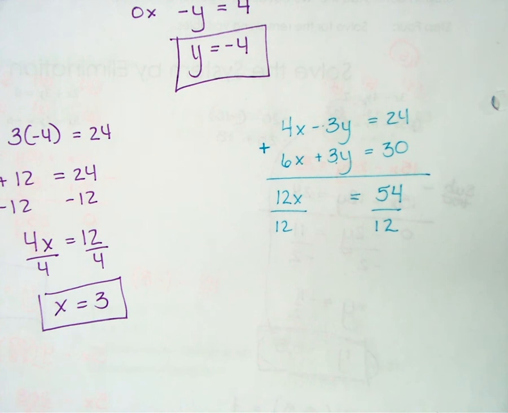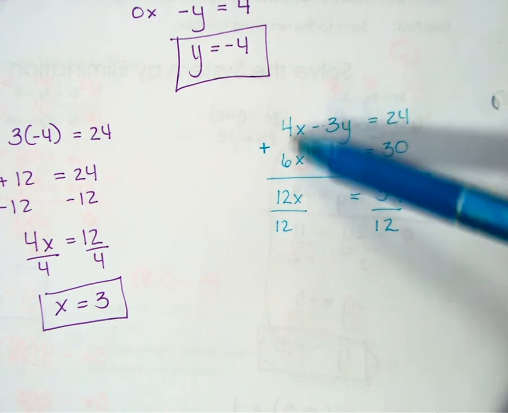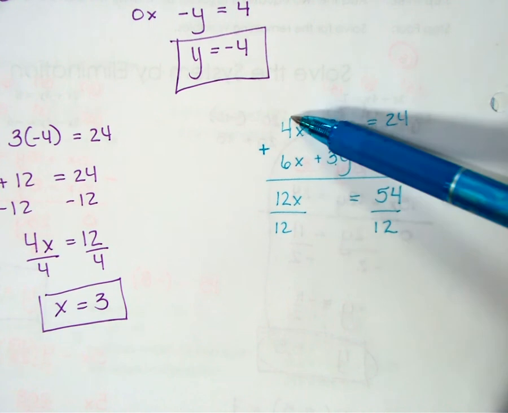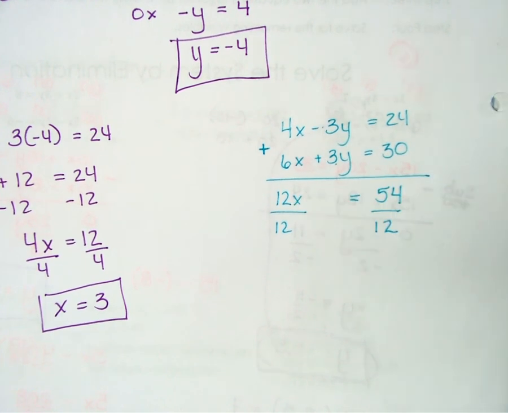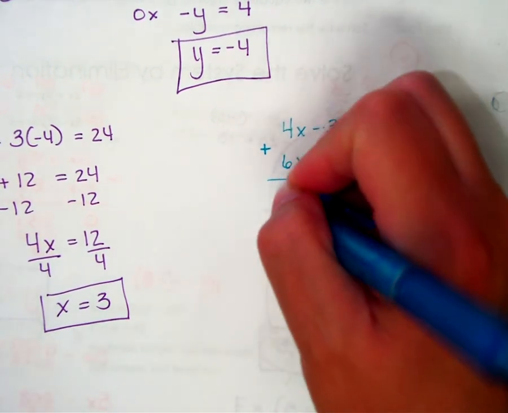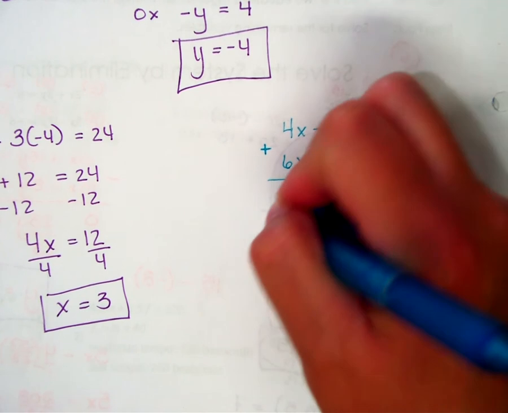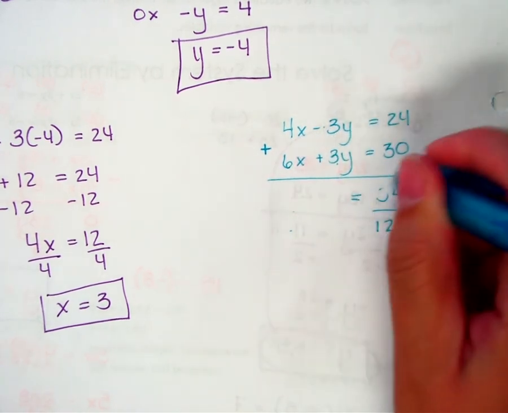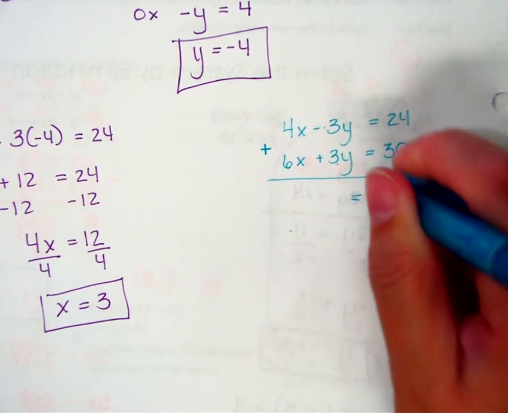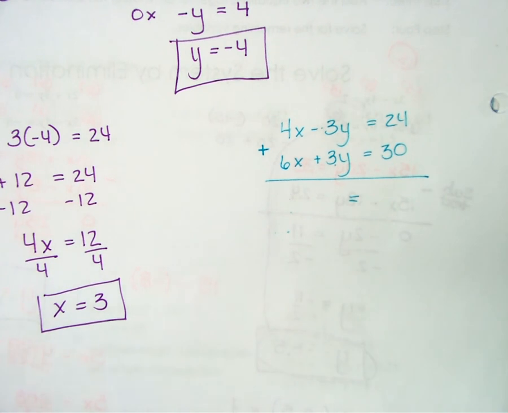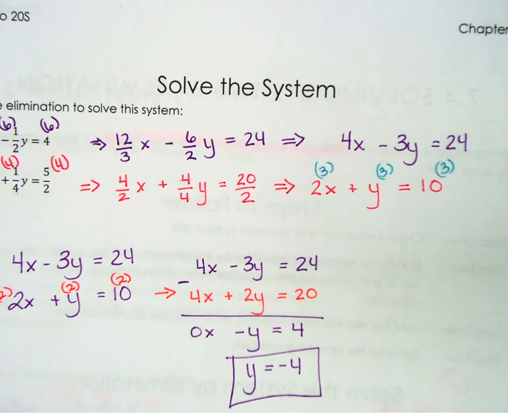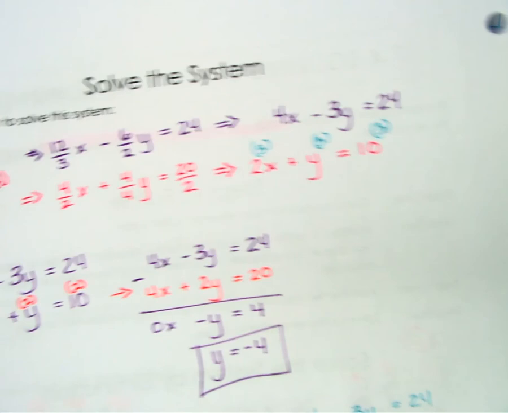When they're opposite, we add. But this doesn't work. 4 plus 6 is not 12. 4 plus 6 equals 10. 10x plus 0 equals 10. But that still doesn't give me the right answer. What did we do wrong? Okay, let's move on to the word problem. I'll come back and fix that one in a second.